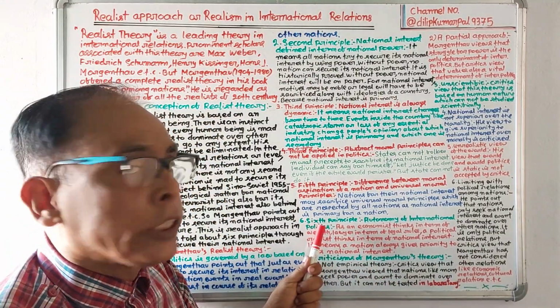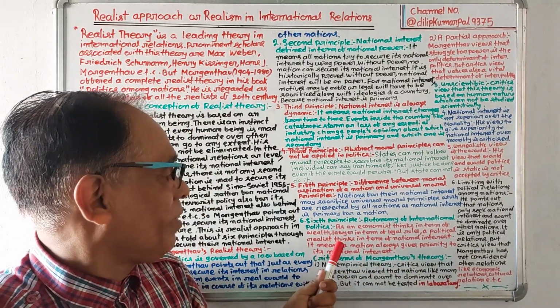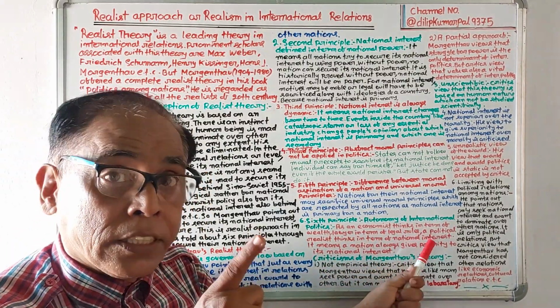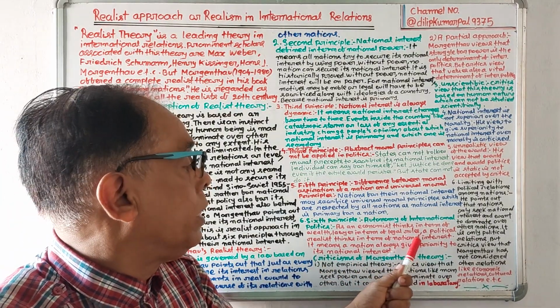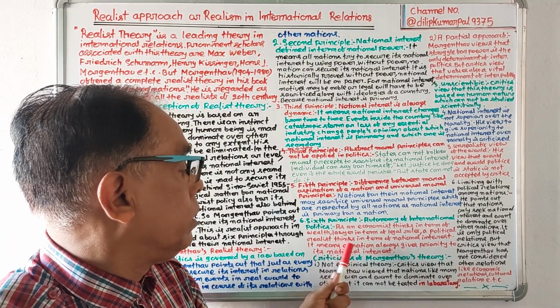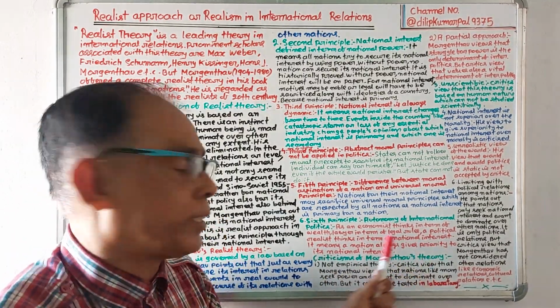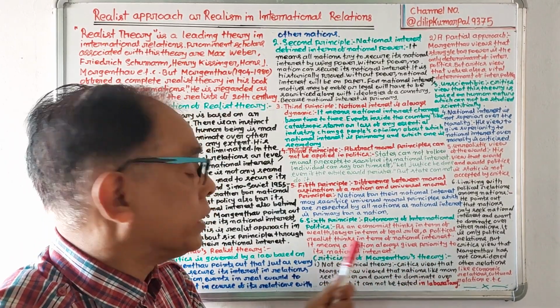Last one, sixth principle: autonomy of international politics. As an economist thinks in terms of wealth, a lawyer thinks in terms of law, a political realist thinks in terms of national interest. It means a nation always gives priority to its national interest.